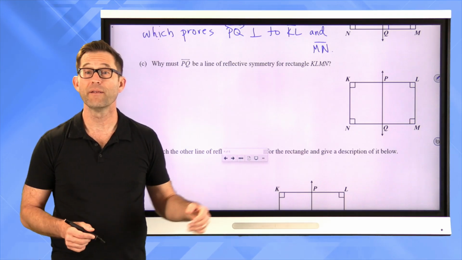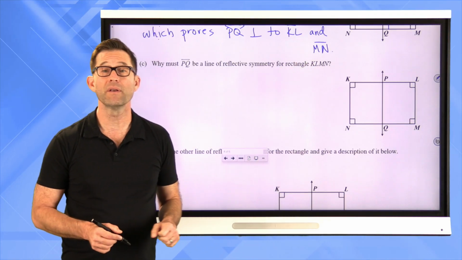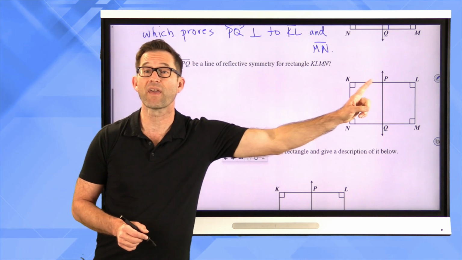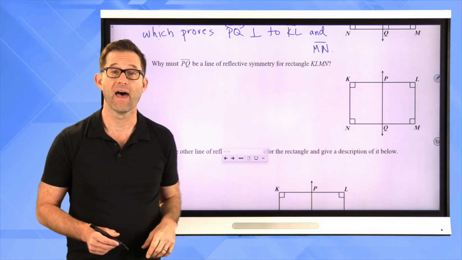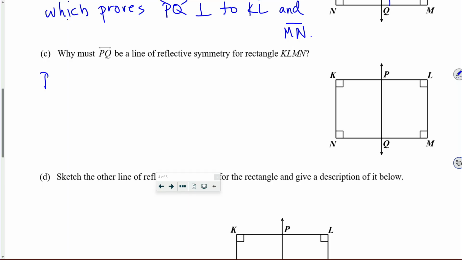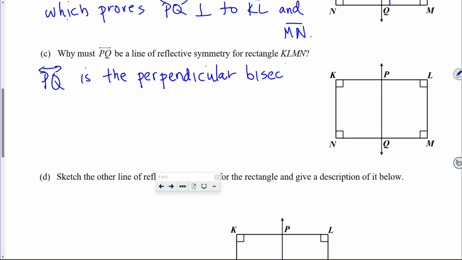It's very simple, right? PQ is the perpendicular bisector of both KL and NM, and that's what it's all about for reflective lines of symmetry.